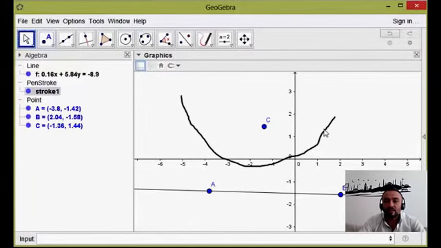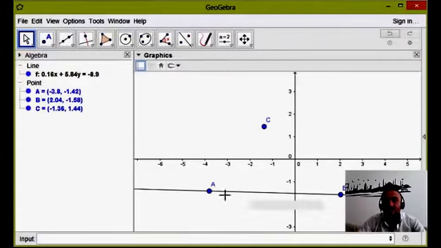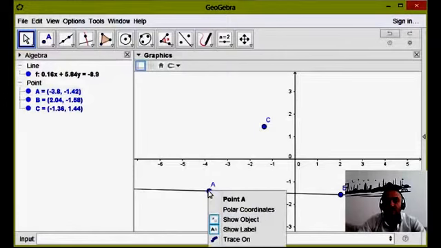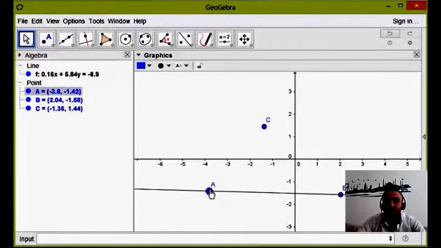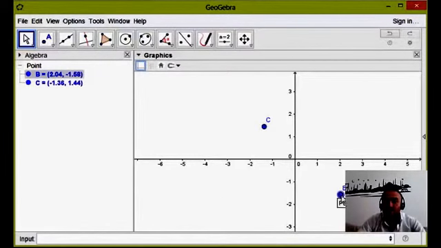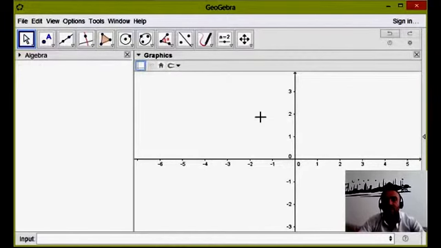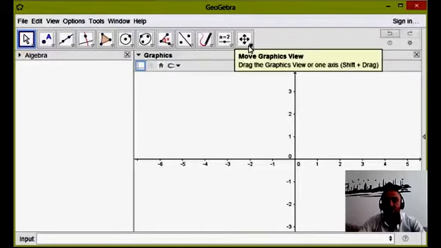And while using this definition, I will create the parabola, and I am again deleting my points. Let's make our preparations now.